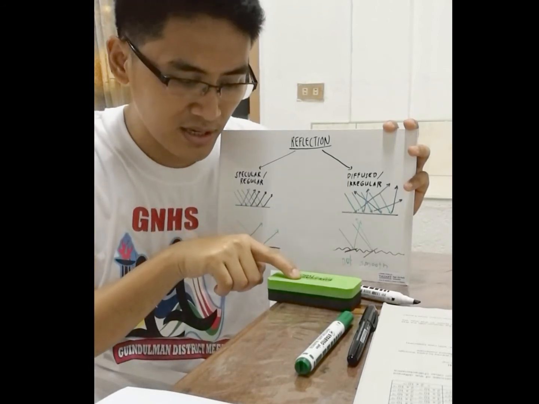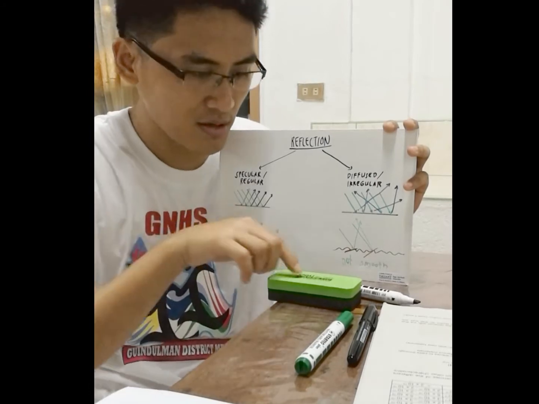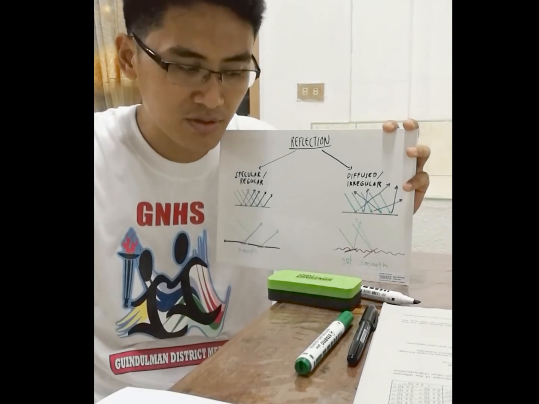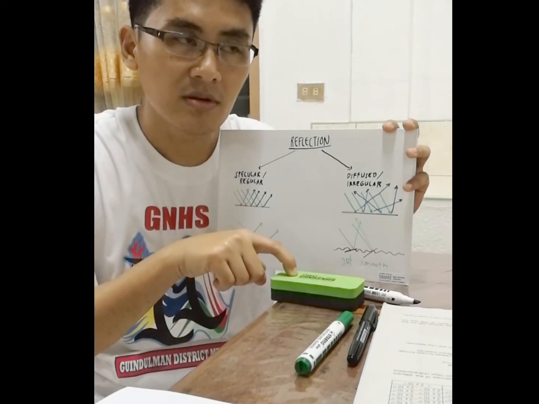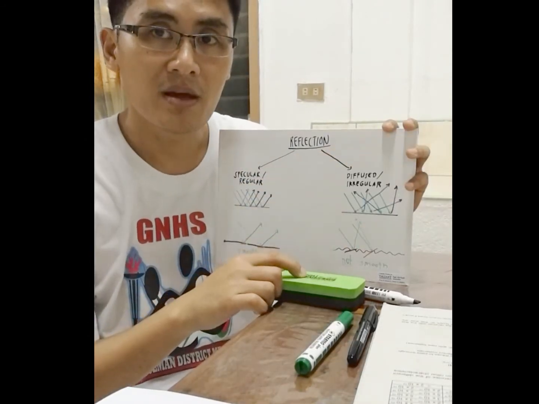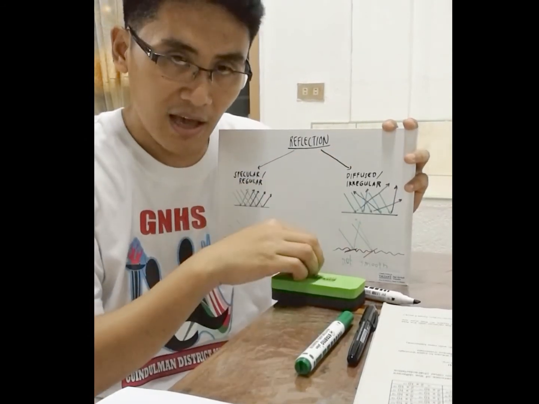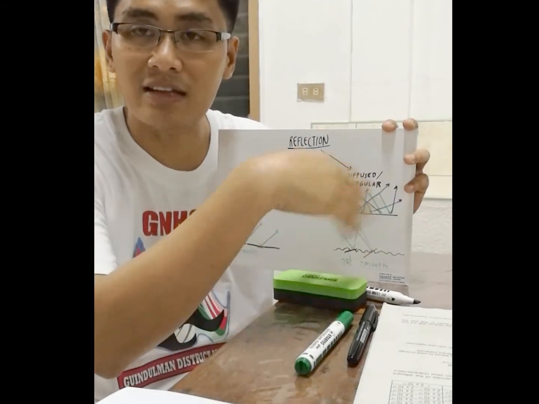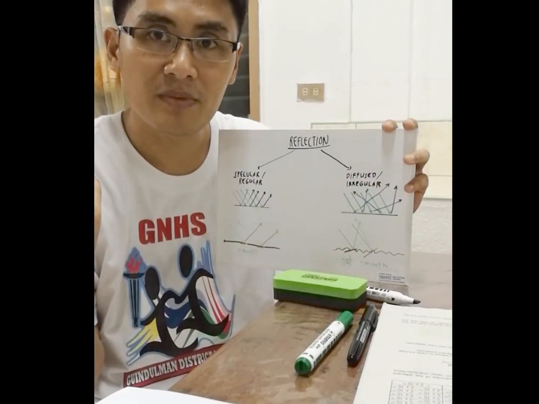So there's a light ray reflected that way, this way, and all those directions. And so if you have a person at this side, that person can see the eraser. If you have a person on that side, that person can also see the eraser, because the light rays are diffused, scattered in different directions, right?